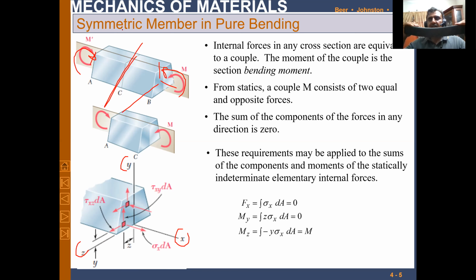So the surface above the neutral axis will be under compression and the lower will be under tension, right? Because these are equal and opposite forces, the sum of all the forces will be equal to zero, but the sum of the moments will not be equal to zero.